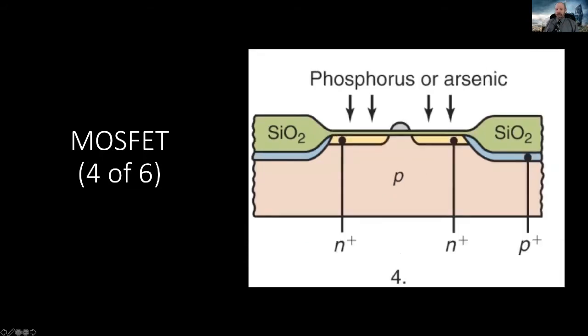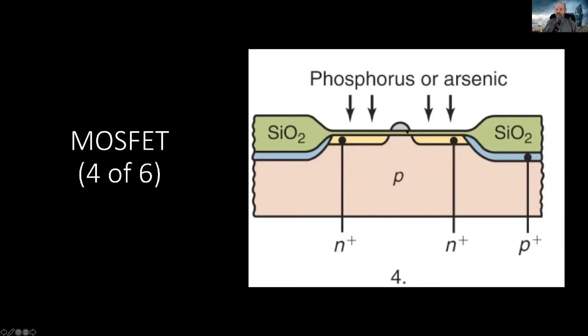Okay, and then we remove it from everywhere except right here in this little bump in the middle. We do a phosphorus or arsenic implant, and that changes this part of the crystal to a different type of doping. So you've got N-type, P-type regions, okay?